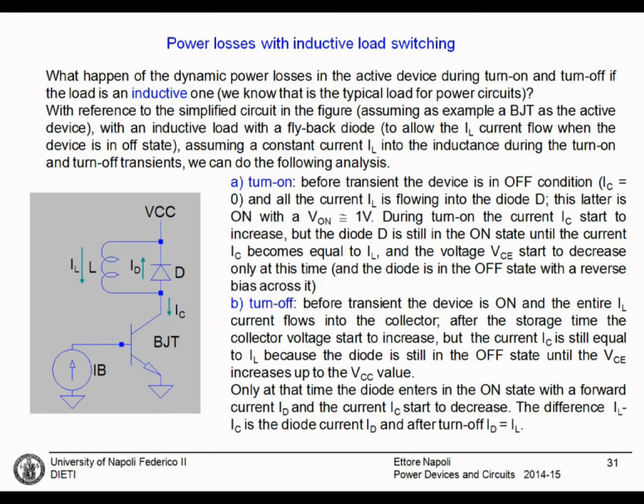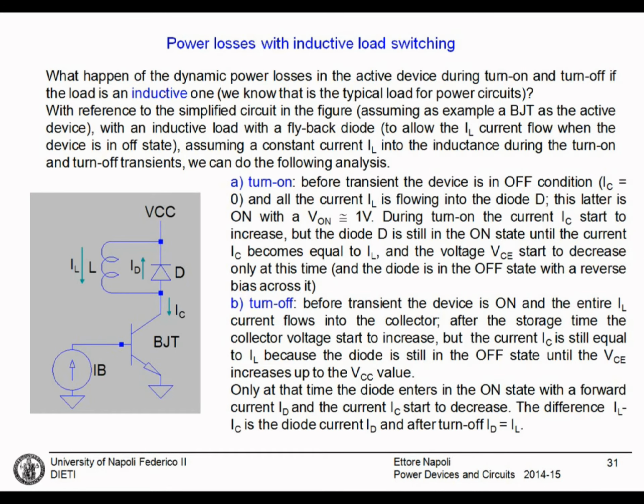The point is that the current is flowing through the diode. The device is off. The current is flowing through the diode in this way. Then the current is in this direction, and this means that the device is on. We can neglect the voltage drop on the diode with respect to the supply voltage VCC, and we can say that VC is equal to VCC.